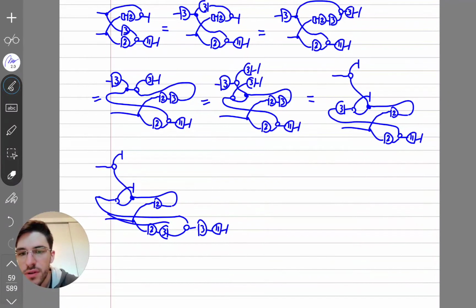Okay, so now I've got this whole mess with the white circles, which I'm going to fix somewhat by flipping this leg to the other side. So now this one is still on this side, and this one now has a minus and links to here.